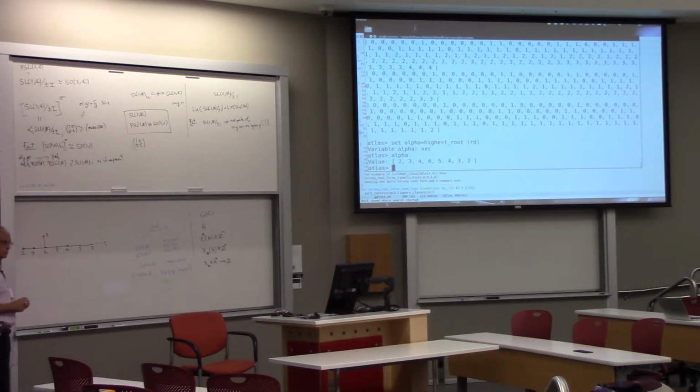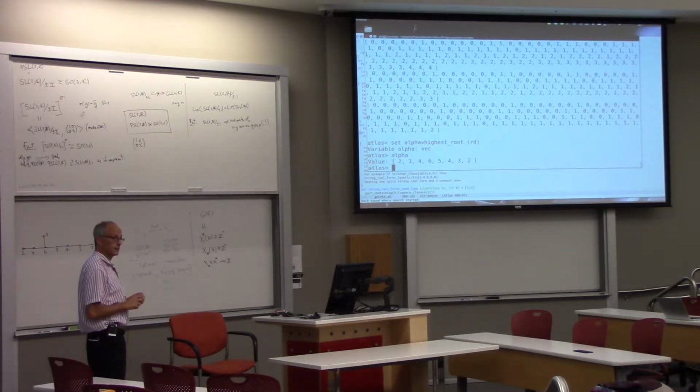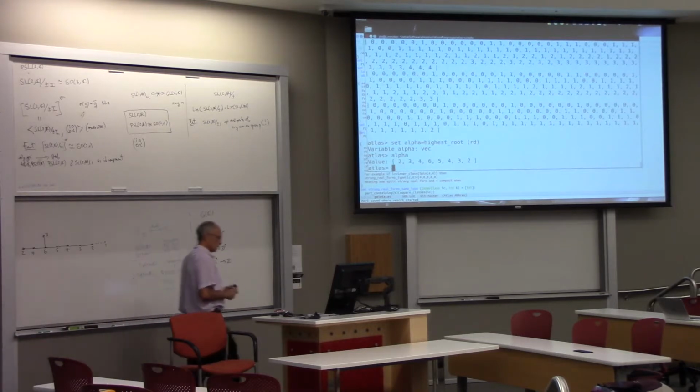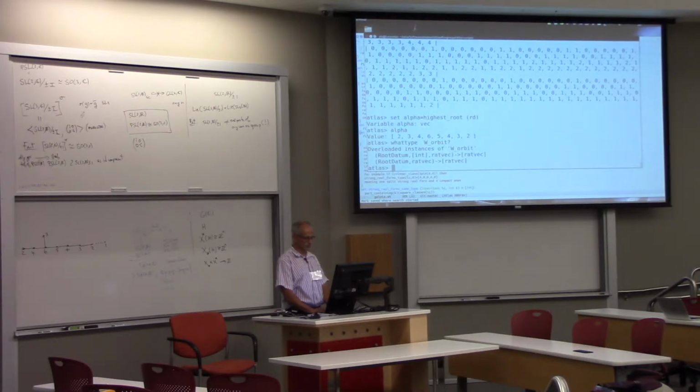Those are the labels on the extended Dynkin diagram of type E8. Let's set orbit equal to the what type? W orbit. So W orbit takes a root datum and a root vector.